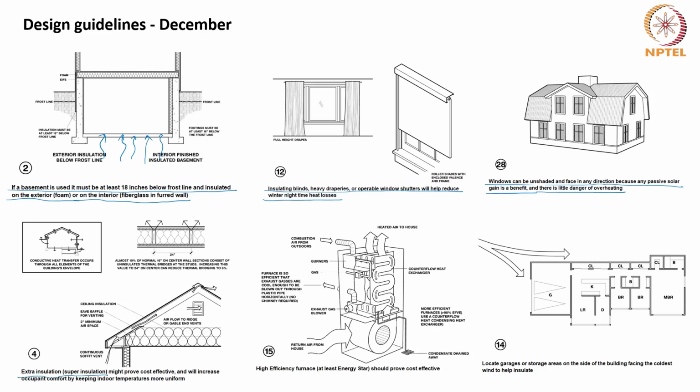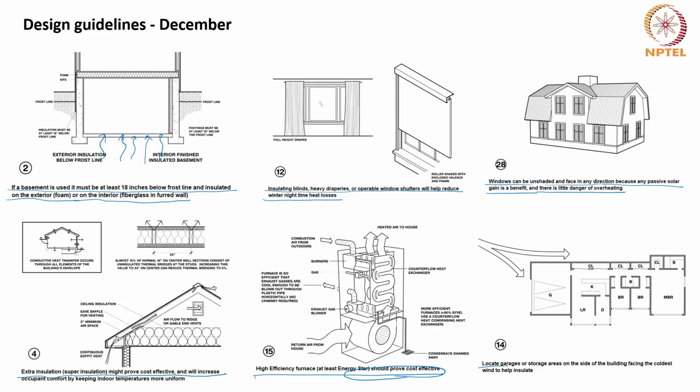Extra insulation, known as super insulation, can be effective and will increase the occupant comfort by keeping indoor temperature more uniform. High efficiency furnace with Energy Star rating can be effective to make the interiors warm.